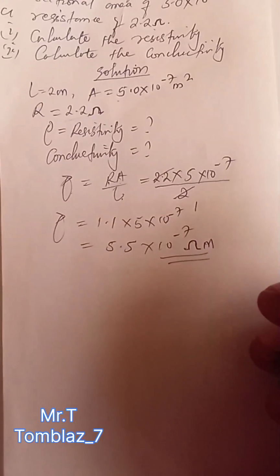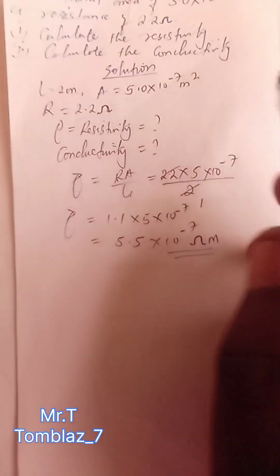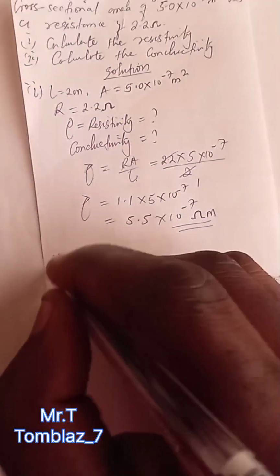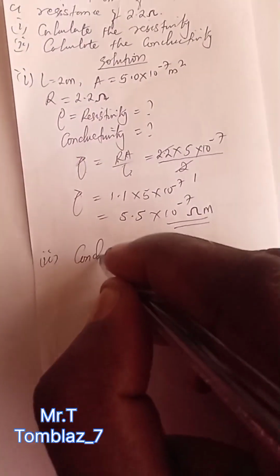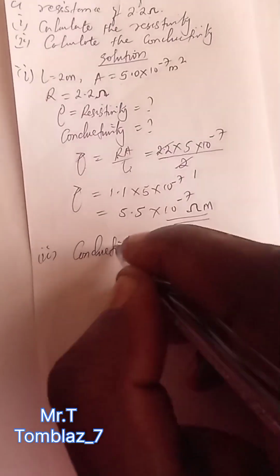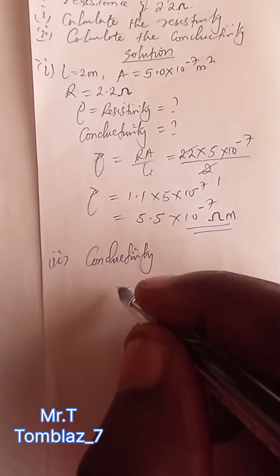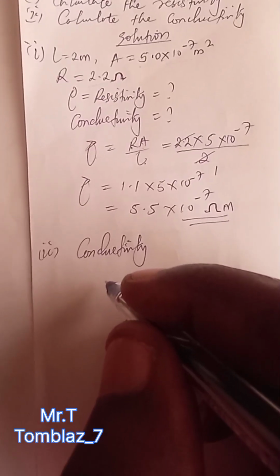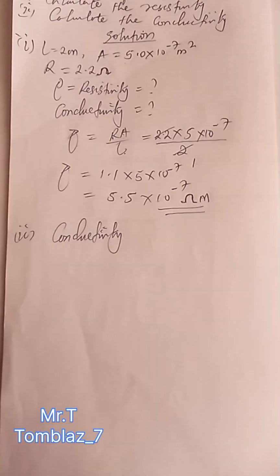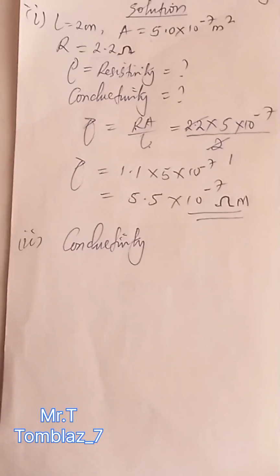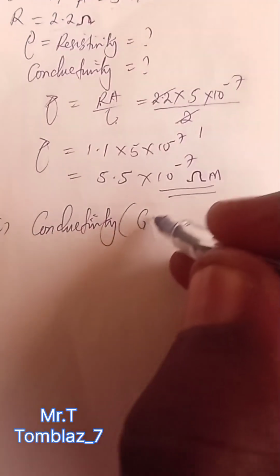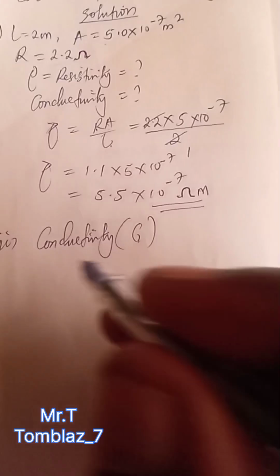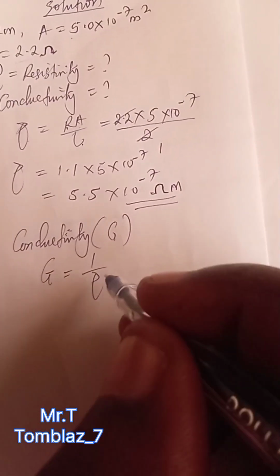Now they went further to ask us to calculate the conductivity. So if this is part I, we go for part II. Conductivity. So the conductivity of a material is equal to the inverse of the resistivity, and that's represented with the capital letter G. So your conductivity is the inverse of what?